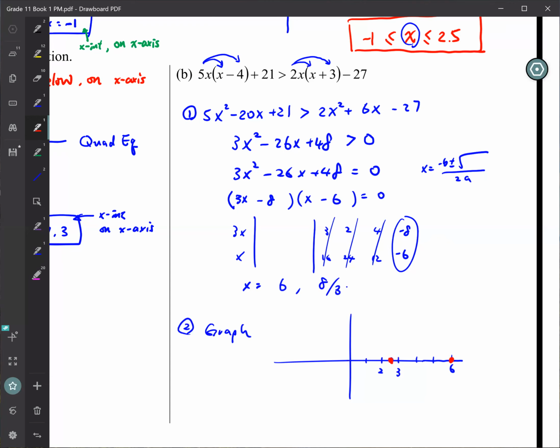Should we draw open up or down? Brandon, do we draw open up or open down? Open up. And how do you know? Which number do you look at? How do you know it's open up?